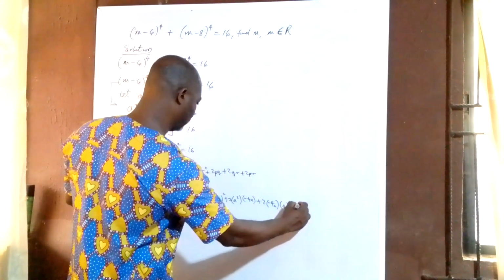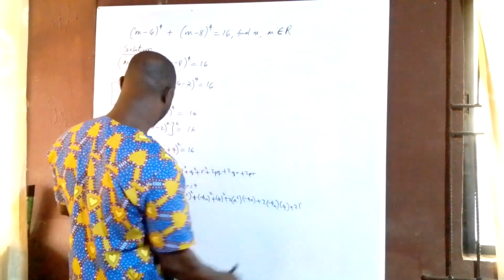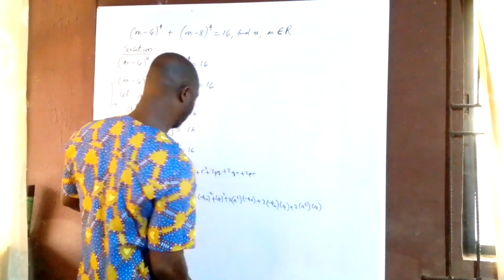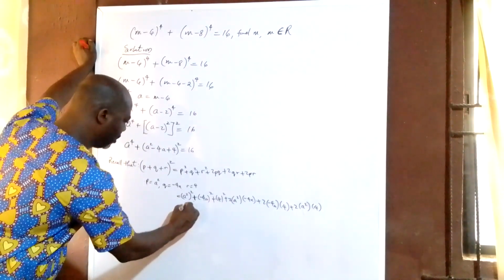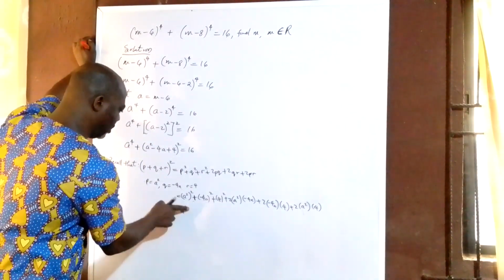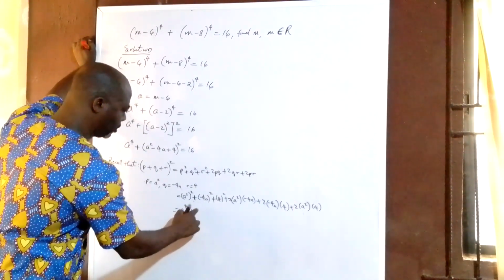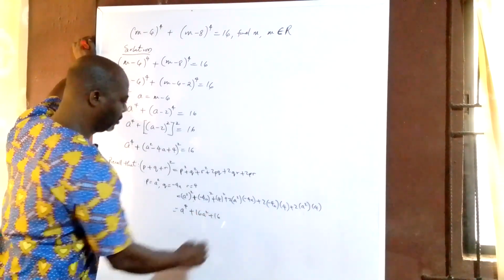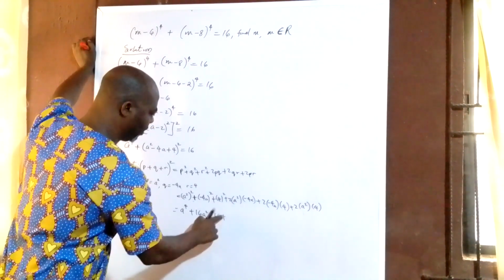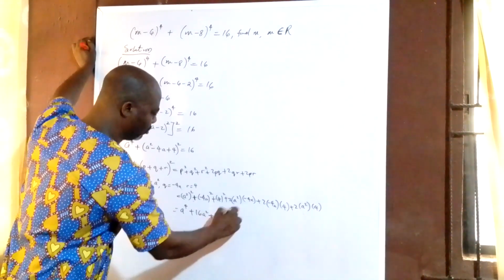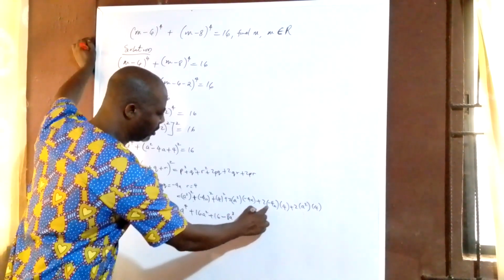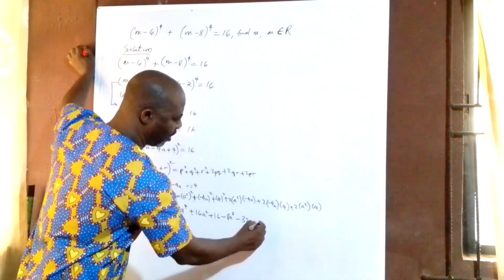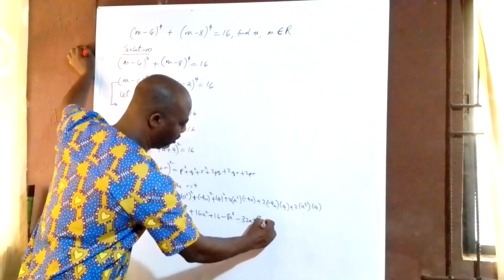And then finally we have 2pr, p is a^2 and r is 4. Okay, good. So this will give a^4 + 16a^2 + 16 − 8a^3 − 32a + 8a^2.